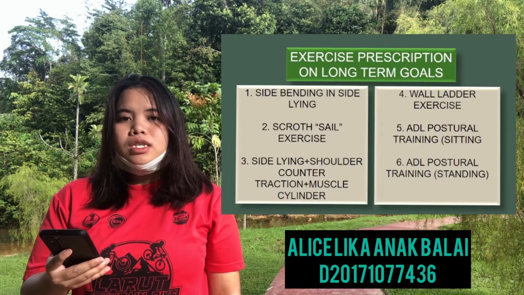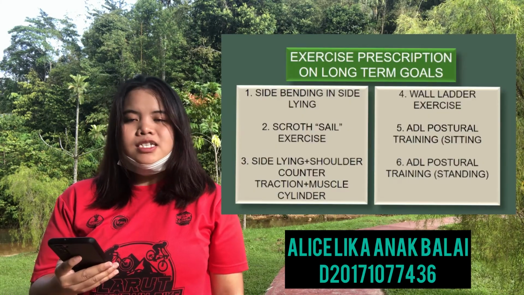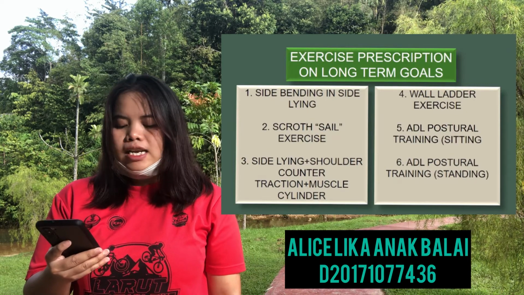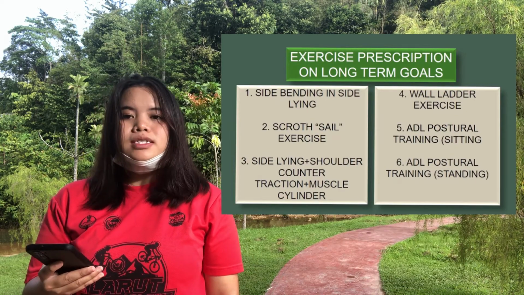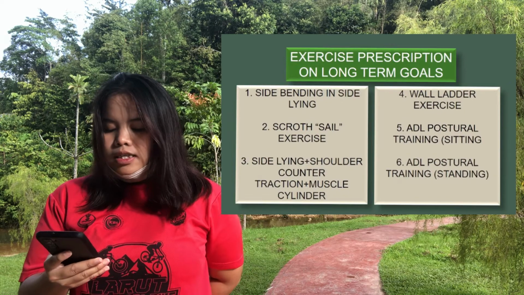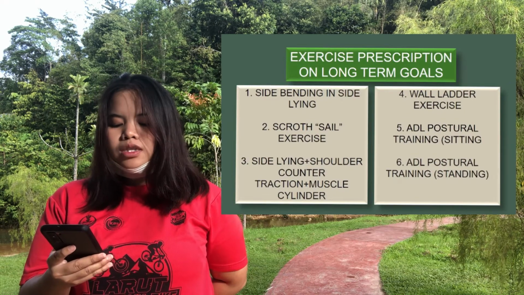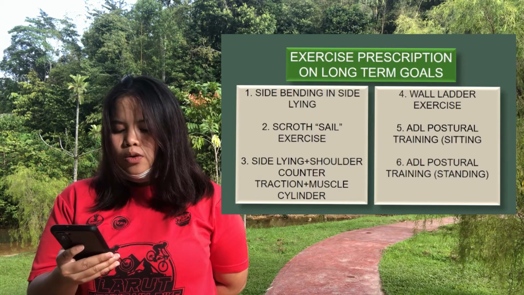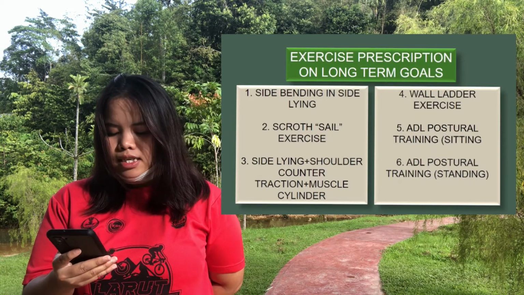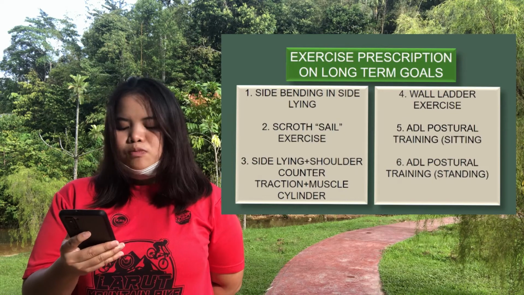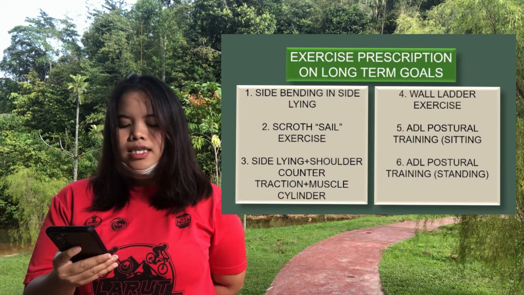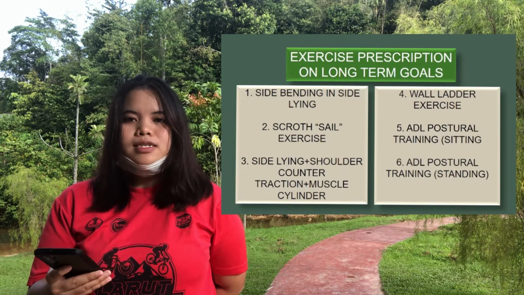For the long-term goal, our exercise prescription is first, side bending and side lying, second, squat exercise, third, side lying plus shoulder counter traction plus muscle cylinder, fourth is wall ladder exercise, fifth, ADL posture training for sitting, and the last one is ADL posture training for standing.